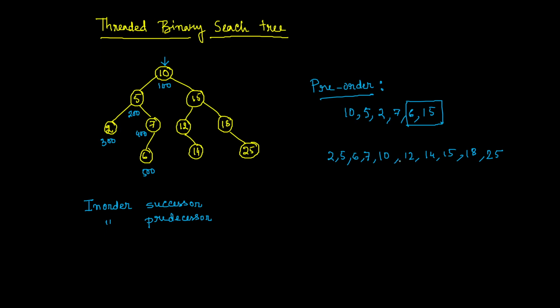For example, 12 is the in-order successor of 10 because 12 comes after 10 in in-order traversal, not in pre-order or post-order traversal. And in-order predecessor is just opposite. In an opposite way, you can say 10 comes before 12. That means 10 is the in-order predecessor of 12.